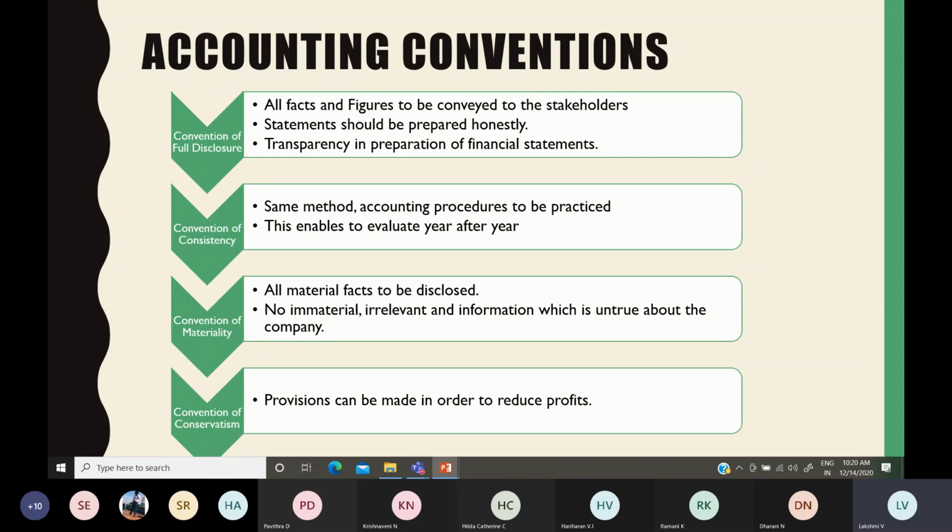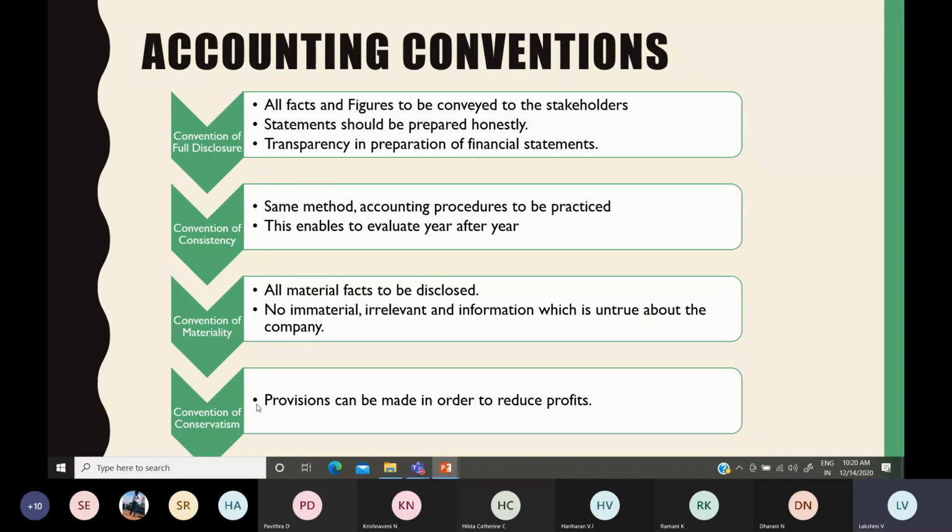Only material facts have to be provided in the financial statements, that is your balance sheet or whatever it might be. Immaterial things I want to avoid. I should not disclose what is irrelevant, not necessary, not required now. So that has to be neglected by the business.